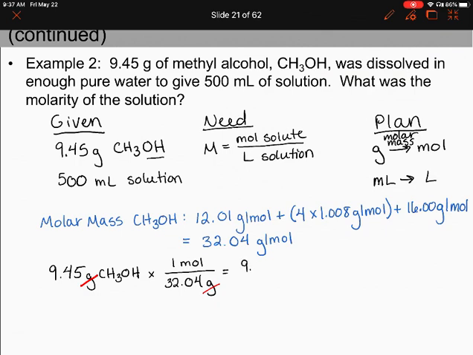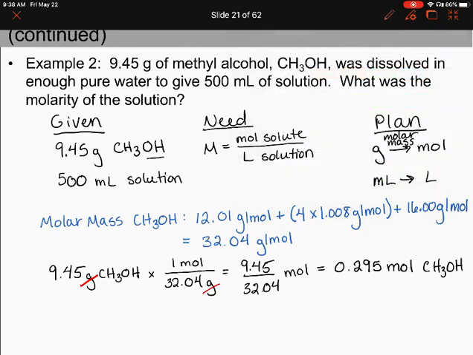So we're dividing 9.45 by 32.04. And that should give us how many moles? So I got 0.295 moles of CH3OH.